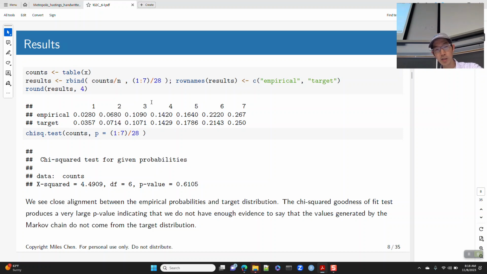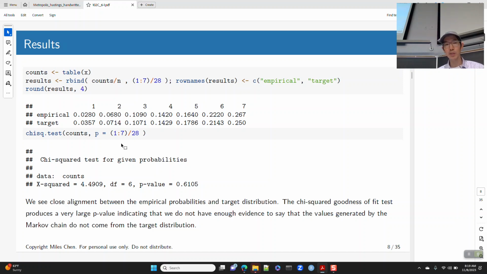And you can see what we get here. The target probabilities are basically 1 over 28, 2 28ths, 3 28ths, and so on and so forth, up to 7 28ths, 0.25 at the end over there. And we can compare the actual counts versus the target probabilities.